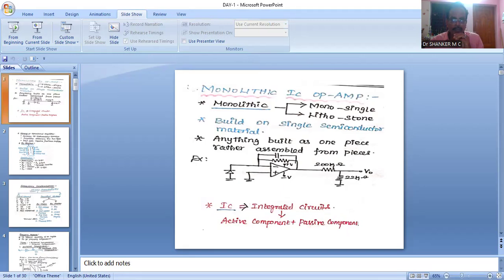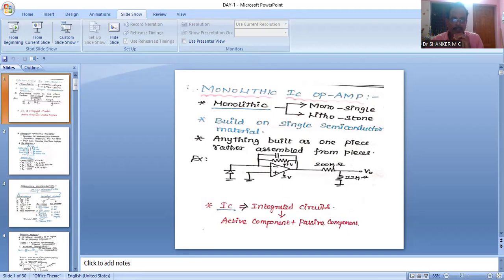When more than 1 lakh components are fabricated on a single silicon wafer as an IC, it is called a VLSI IC, that is, very large scale integrated circuit.